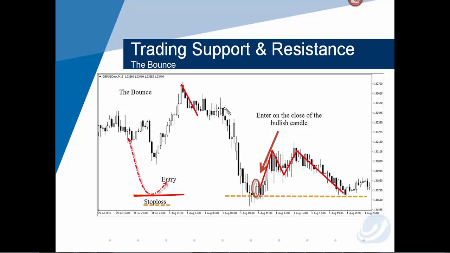But if we stick to our strategy over and over again, this strategy plays itself out at all times. So not on the first rally upwards are we looking to get into a trade. We're looking to get into a trade on a pullback.